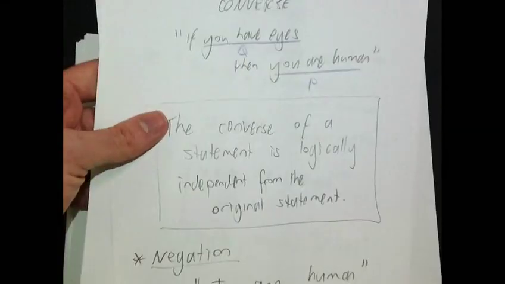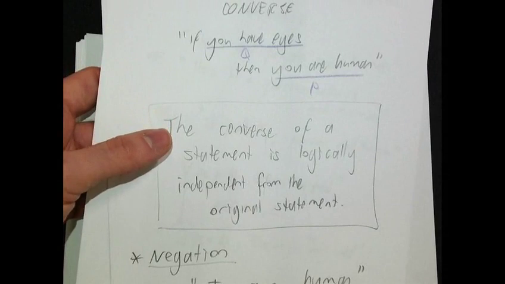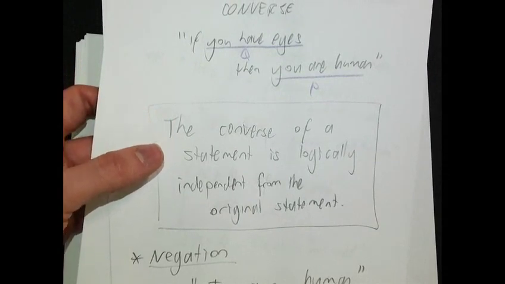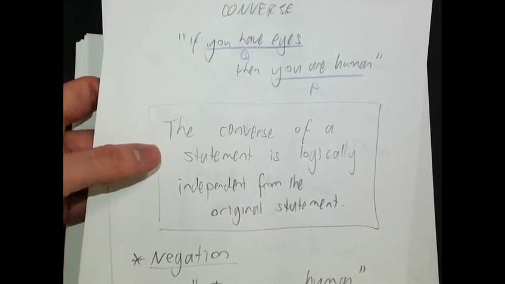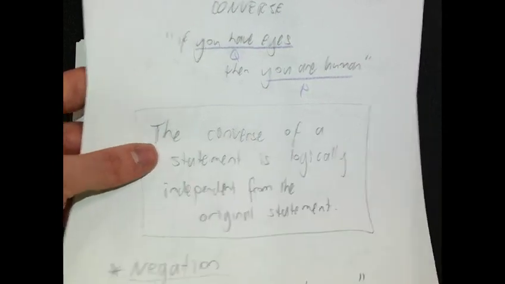If the logic flows from a statement to its converse, then that's not a valid argument, because the converse doesn't necessarily match the original. And if the logic flows from a statement to its negative, then that's definitely false. That's definitely not valid, because the negative and the original are definitely not the same.